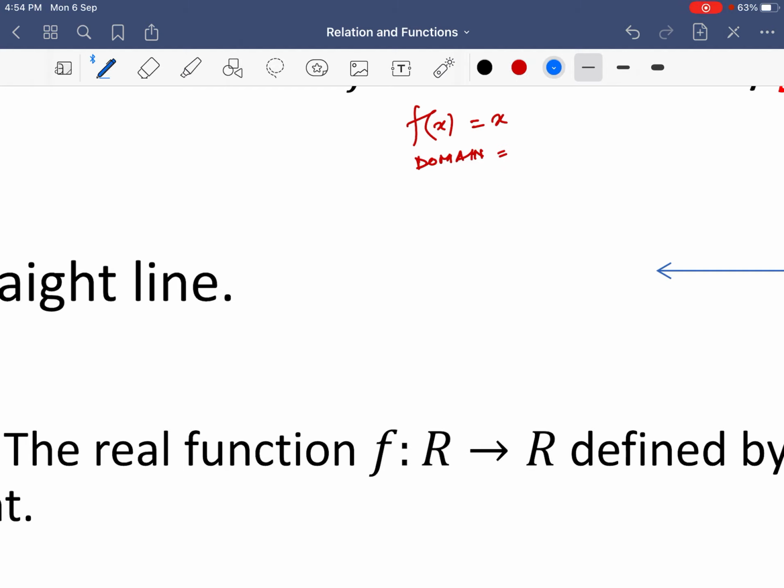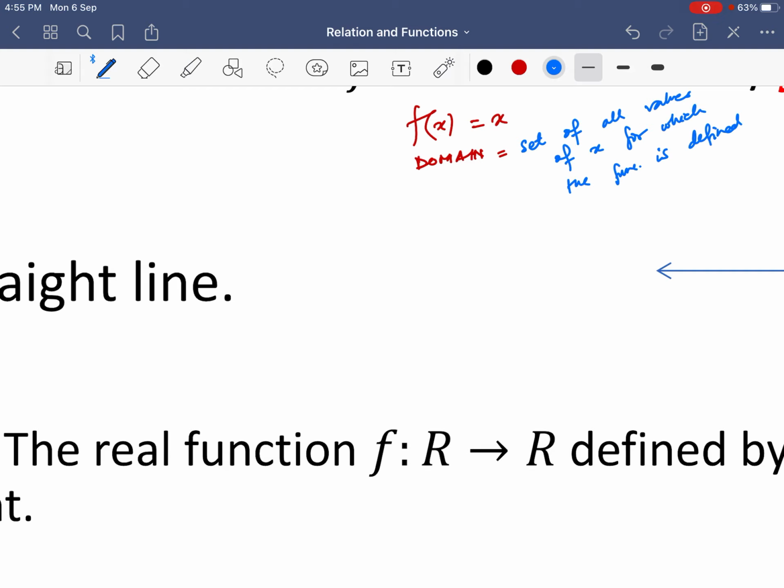It says that the domain is the set of all values of x for which the function is defined.